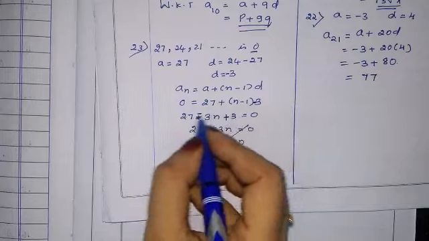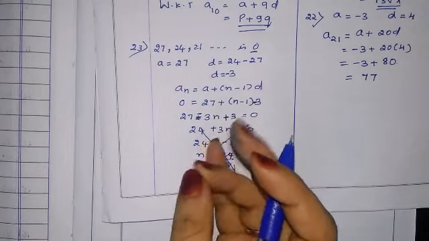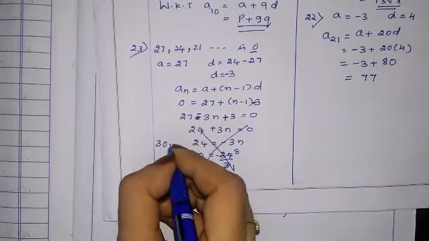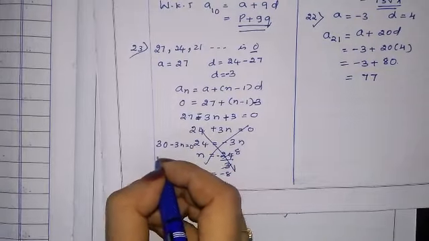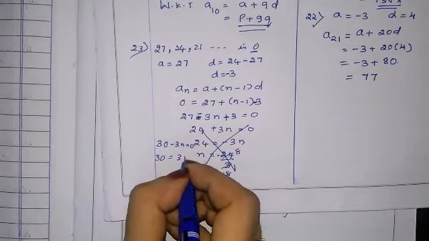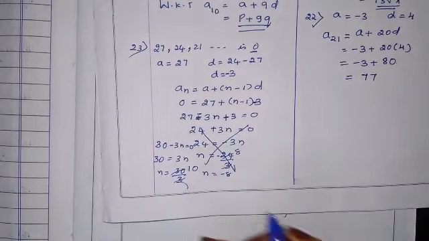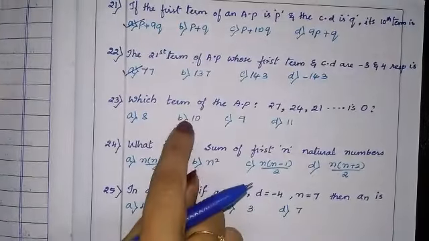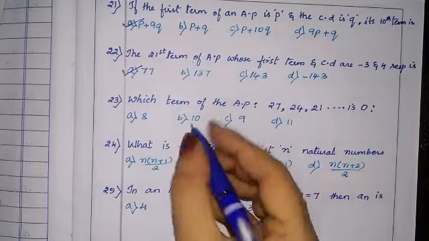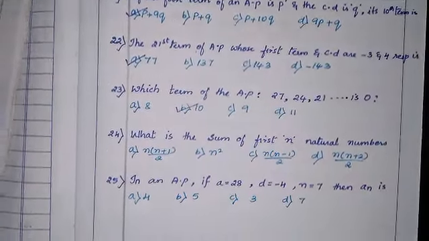So 27 plus 3 is 28, 29, 30. 30 minus 3 is equal to 0. 30 is equal to 3n. n is equal to 30 by 3. 3 ones are 3, 3 tens are 30. So the 10th term is 0. B, 10 is the correct answer. So the 10th term is 0.